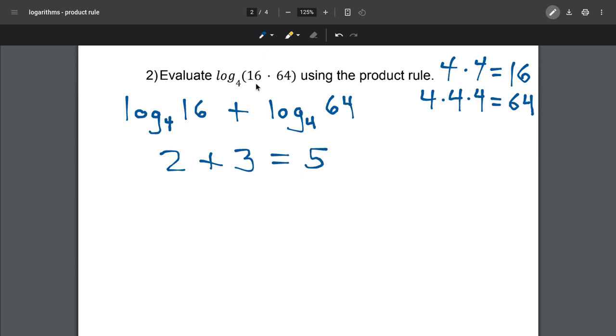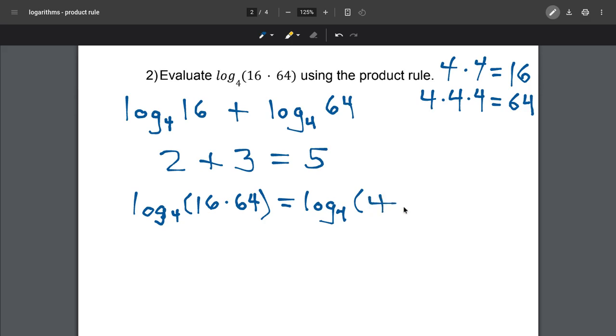And if we broke this apart here, log base 4 of 16 times 64 could be written as log base 4 of 4 times 4, which would give me 16. Oops, that 4 got away from me a little bit.